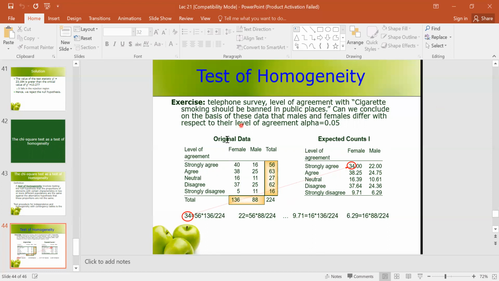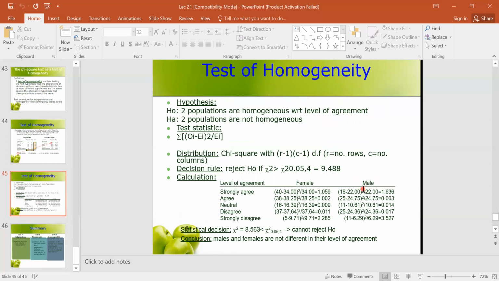So after calculating these expected frequencies from the observed frequencies, our hypothesis is that the two populations are homogeneous with respect to level of agreement, against the alternative that the two populations are not homogeneous. So this is our test statistic, chi-square with degrees of freedom (rows minus 1) times (columns minus 1). We have 2 columns, minus 1, and in rows we have 5 categories, so the degrees of freedom are 4.